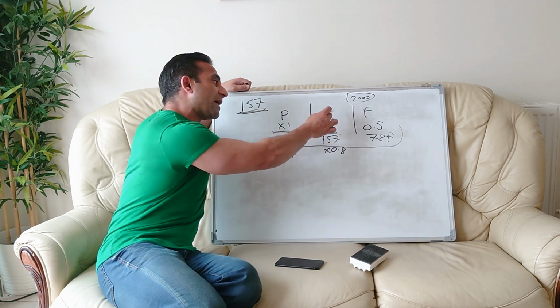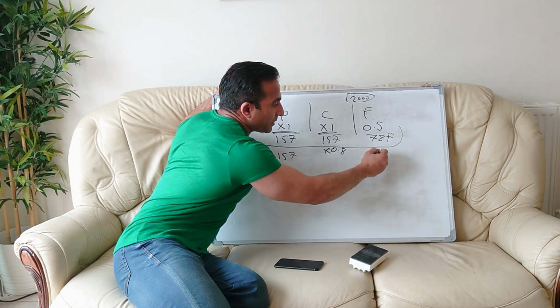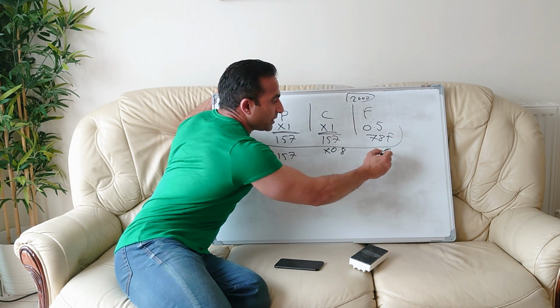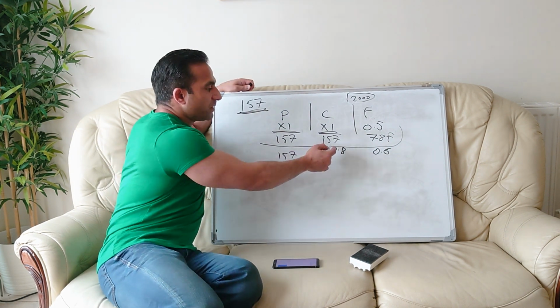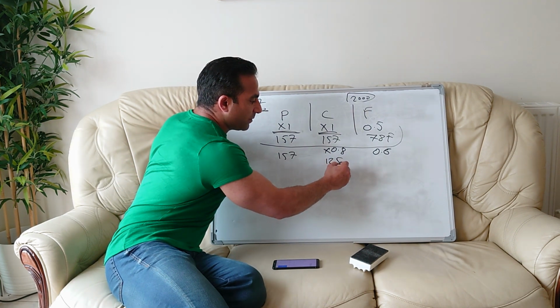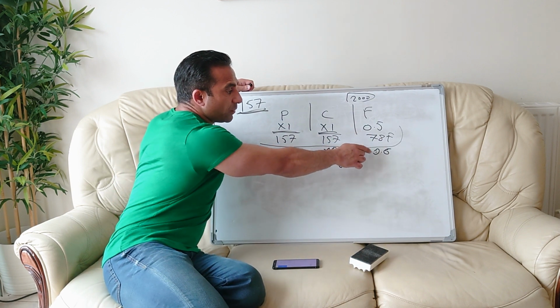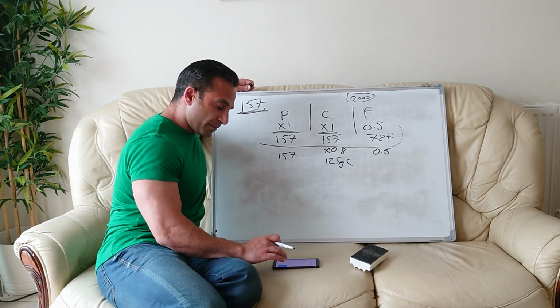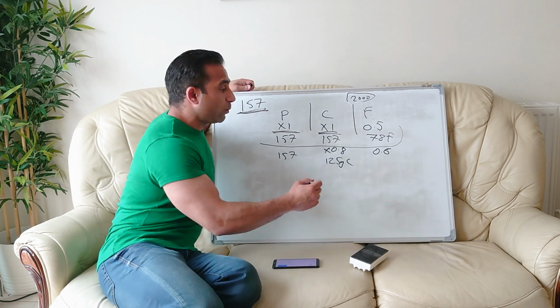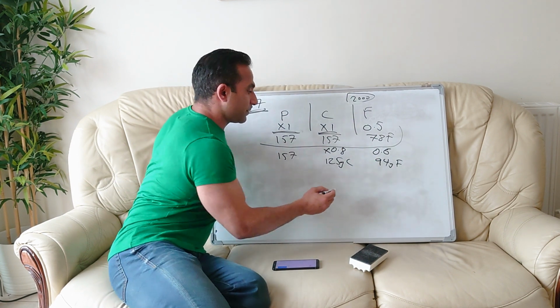To compensate for the calories lost from the carbs, I'm going to multiply the fats by 0.6. 157 times 0.8 equals 125 grams of carbs. 157 times 0.6 equals 94.2, so I just rounded to 94 grams of fats.